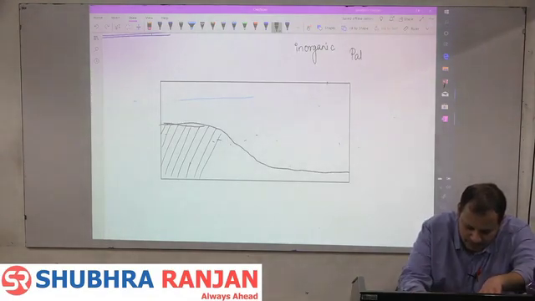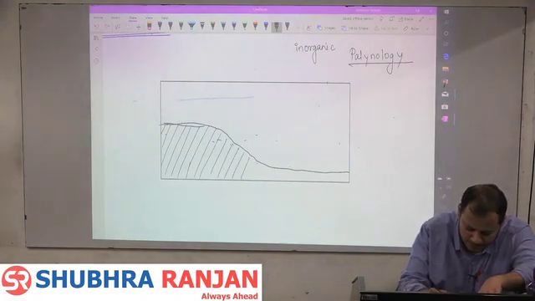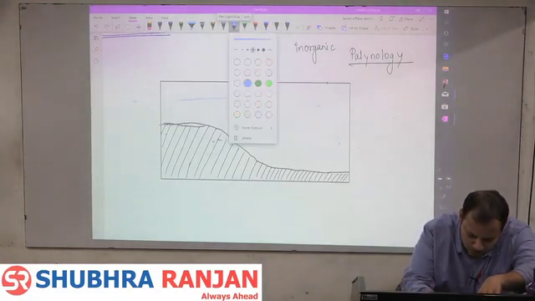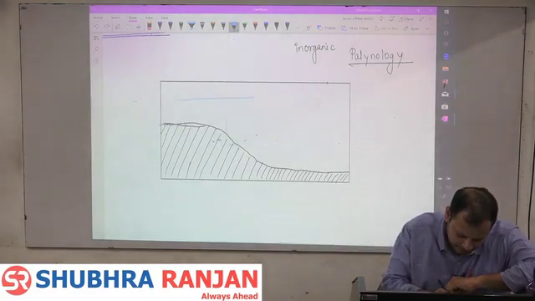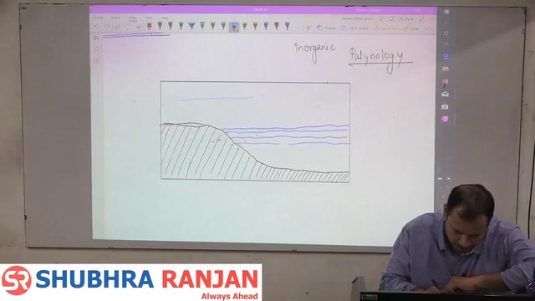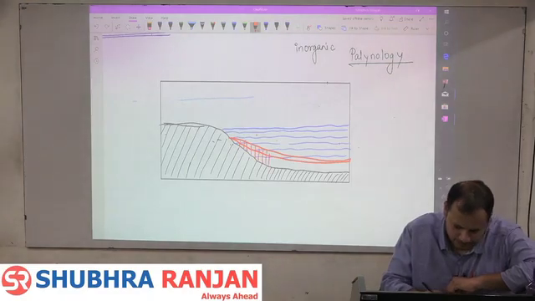This study is known as palynology. The study is known as palynology, which gives clues for the past climatic conditions by studying the layered sequence of deposition of the pollen grains.